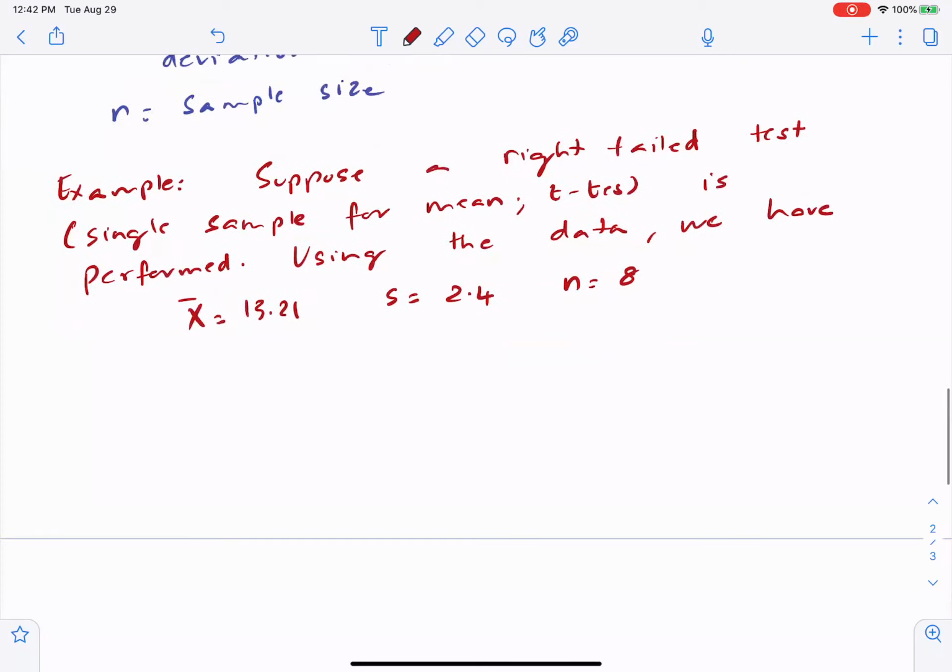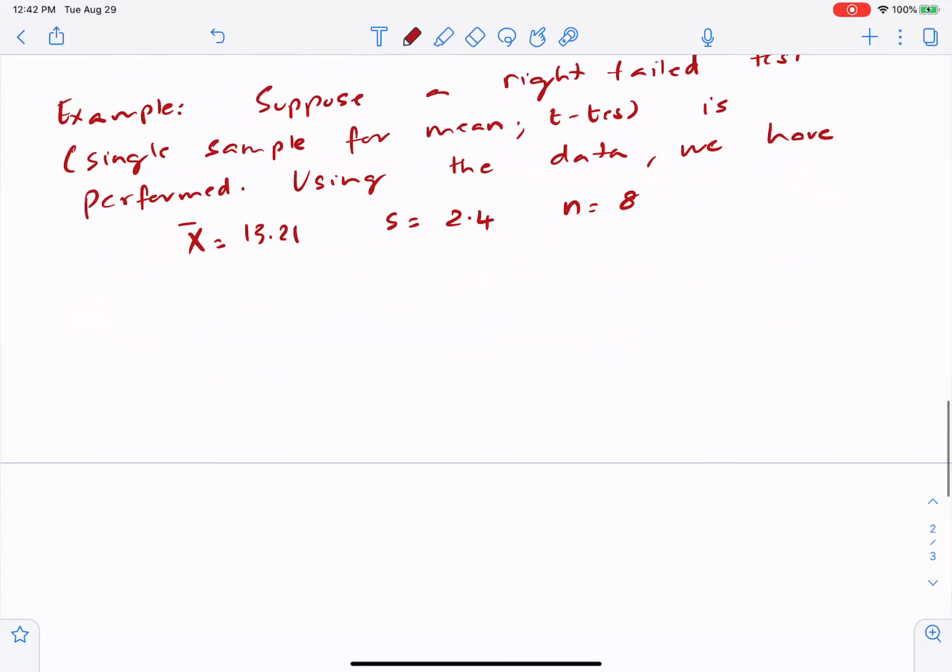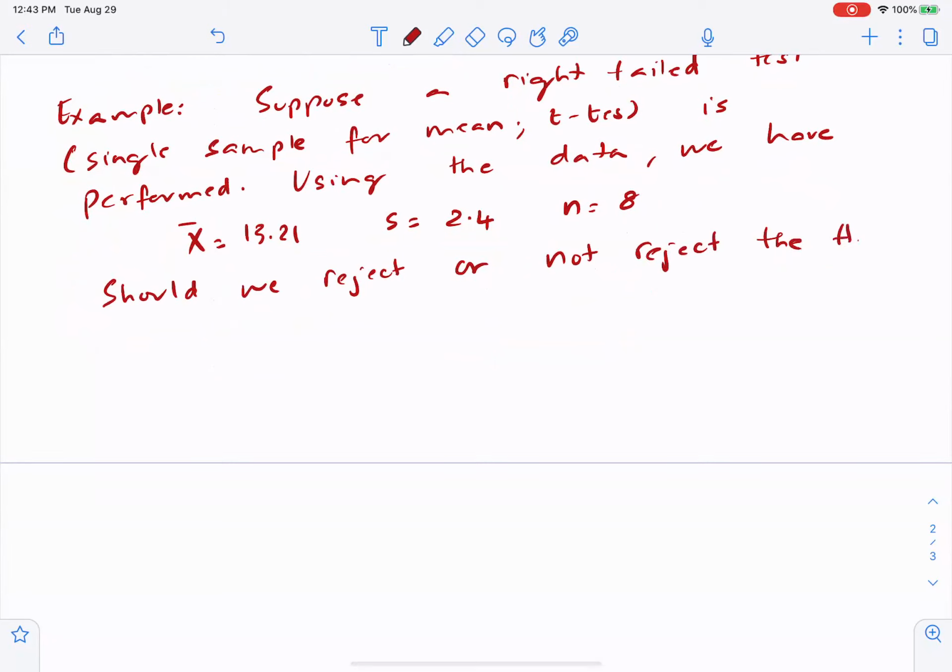Now, our goal is, should we reject or not reject the null? Let's even give a definition to avoid confusion.